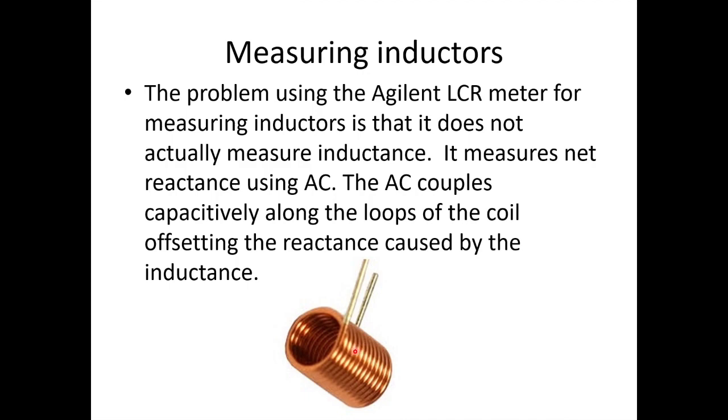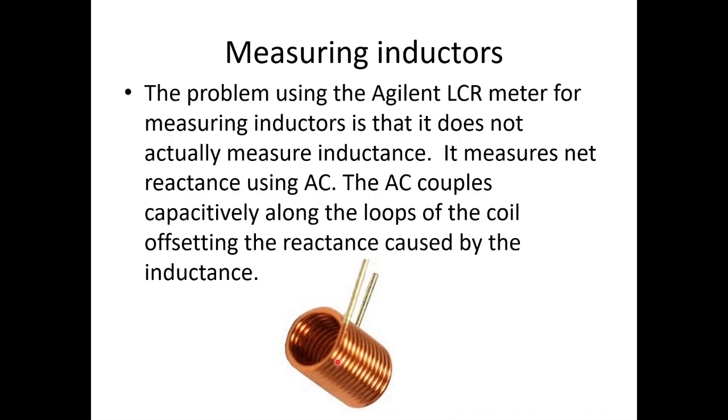And the problem with an AC voltage varying signal is that you get voltage coupling between the loops of the wire, capacitive coupling. That capacitive coupling creates capacitive reactance, which dilutes the inductive reactance we're trying to measure. And the Agilent LCR meter only gives you the net reactance.